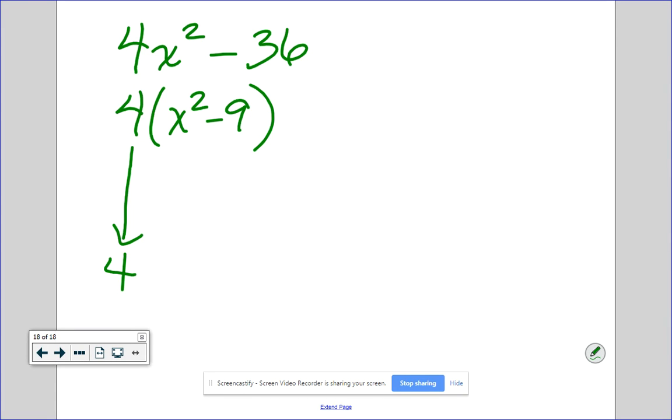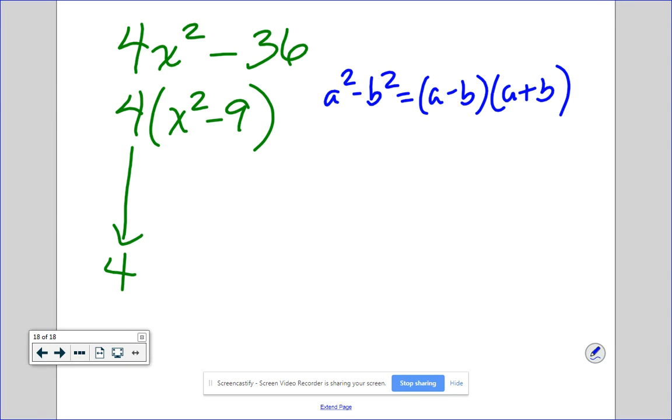Now what do I do with this? I use the formula, right? Difference of squares, yeah? So what's a squared minus b squared? a minus b, a plus b. So what's a here? Just a, not a squared. x.